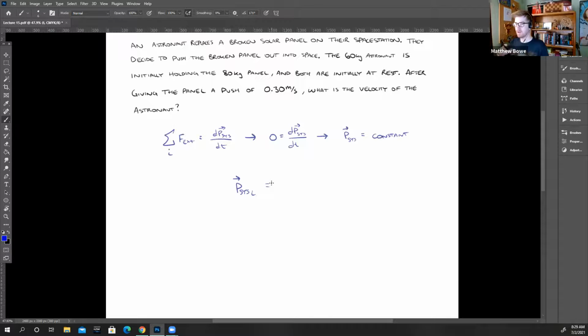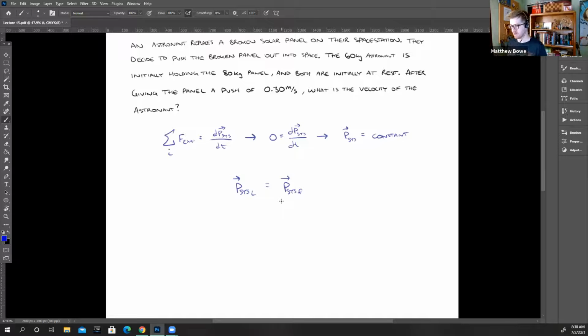And since we're considering both the panel and the astronaut in that system, we're going to look at both of those objects as they might move in different ways. System final.